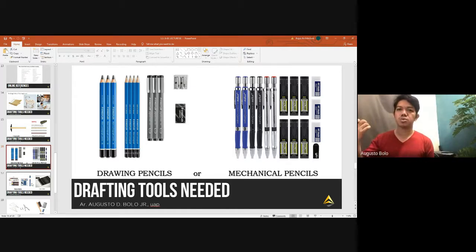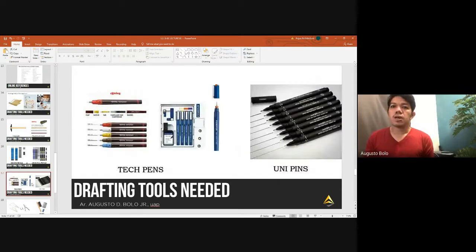Also, you can choose mechanical pen over mechanical pen. I don't know the cost now, pero you can have it. You can have one. Isa lang sa kanila. Okay. Right after our drawing pencils, it is important for you to have your tech pens. Sino nang may alam ng tech pen?